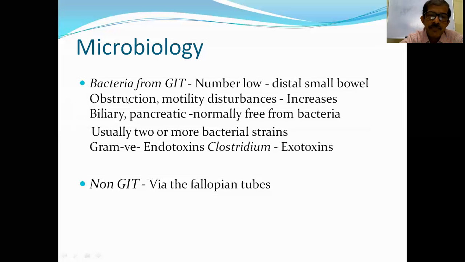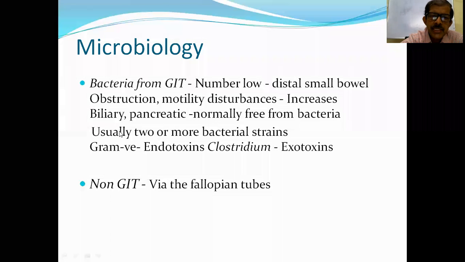Then suppose there is obstruction, there is translocation of the bacteria. And if there is hyperperistalsis, there also the bacteria will come out. So then it will increase bacterial count. As I already told you, in biliary and pancreatic diseases, usually they are free unless there is translocation.